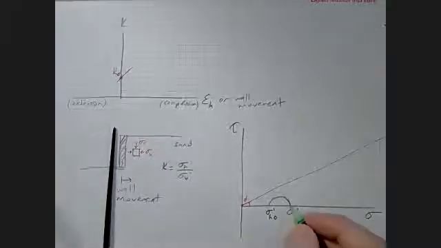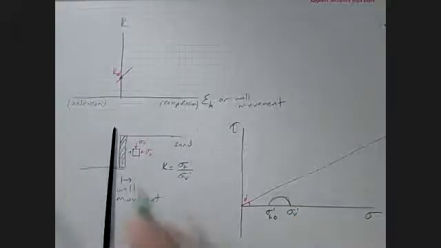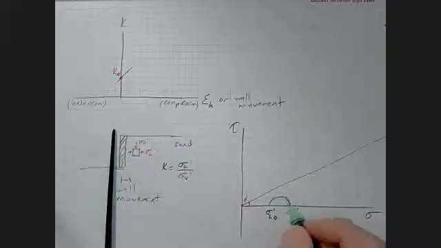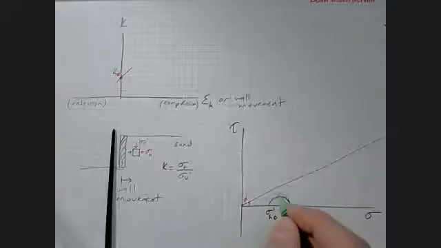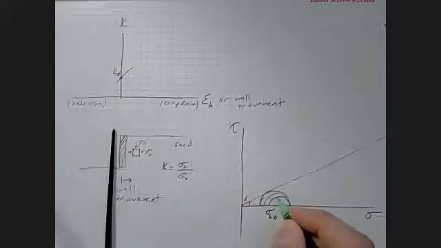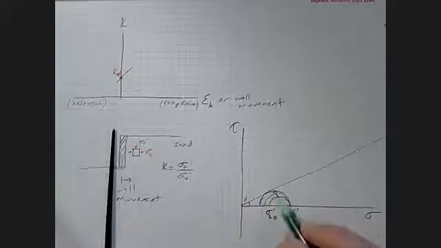Remember the sigma vertical is still weight of everything above minus pore pressure. So the vertical stress remains the same, and I get kind of like a stress path with 45-degree angle in this direction. And then eventually at some point I'm going to hit the strength envelope.